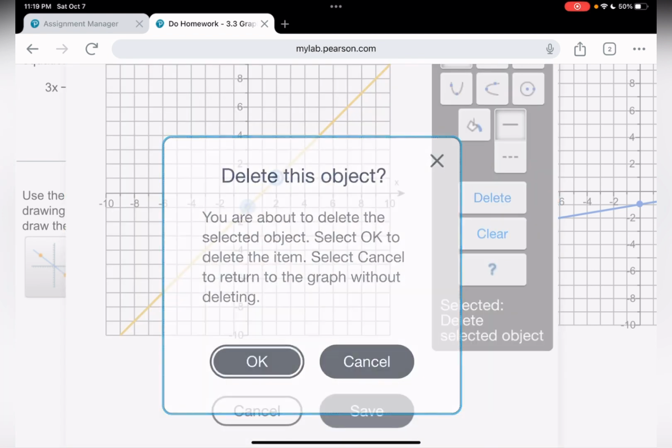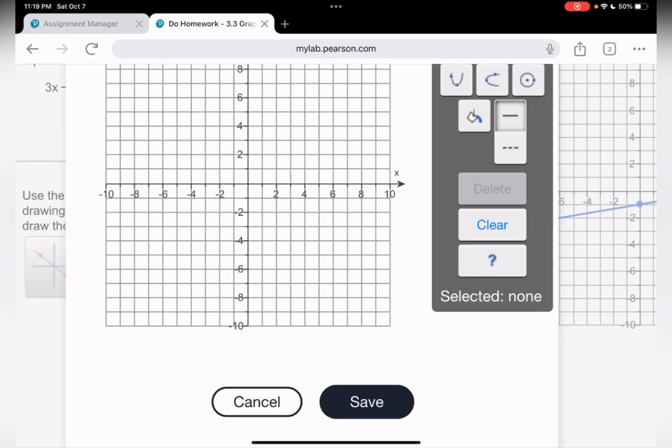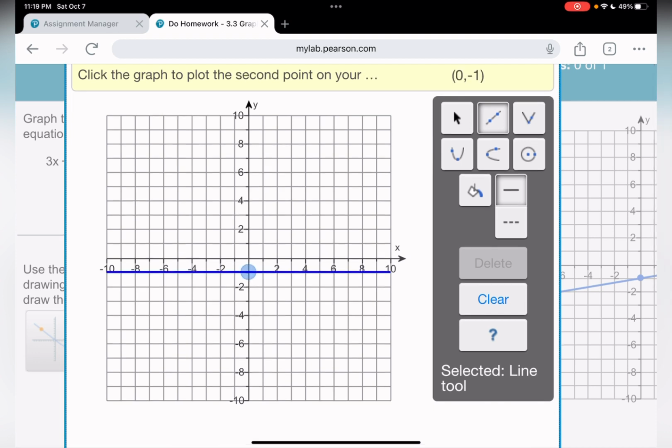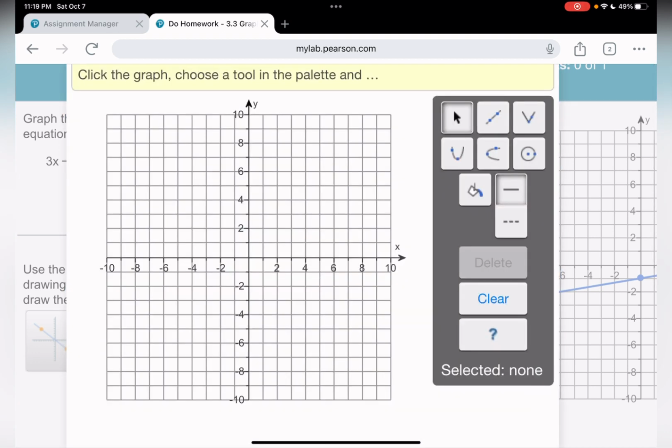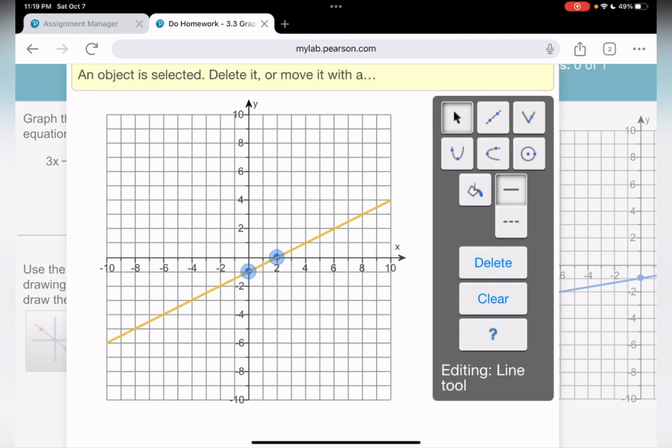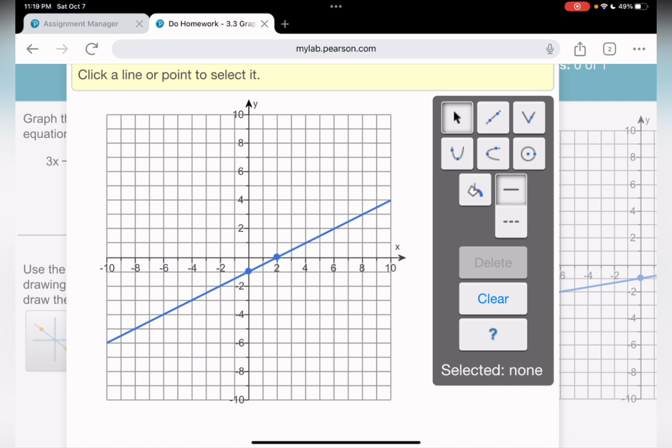I'm going to do it over. 0, negative 1, and 2 and 0. Okay.